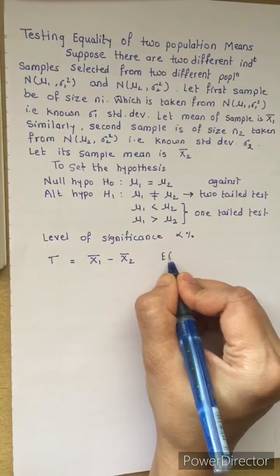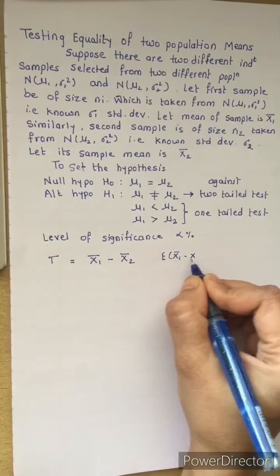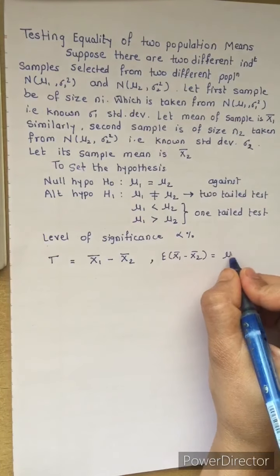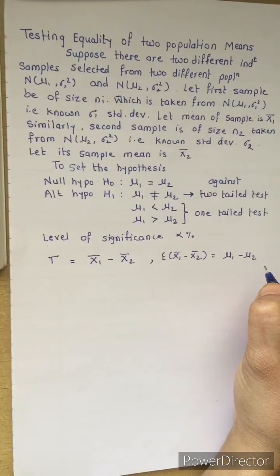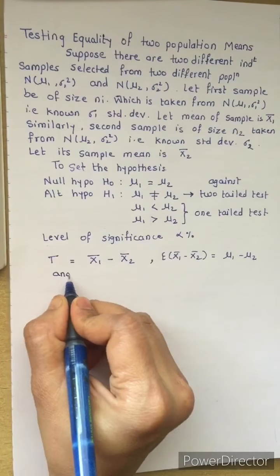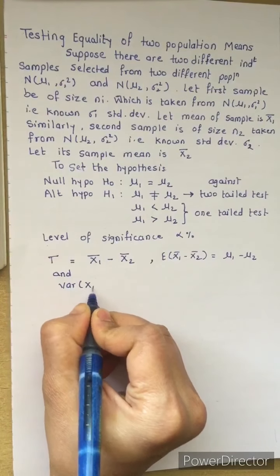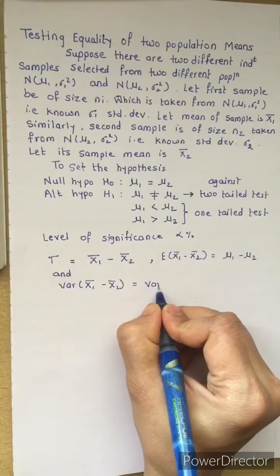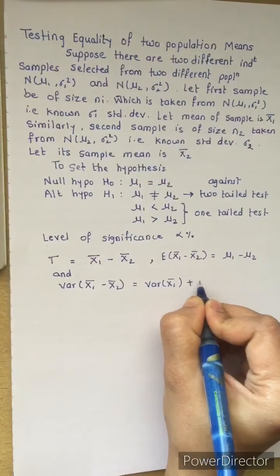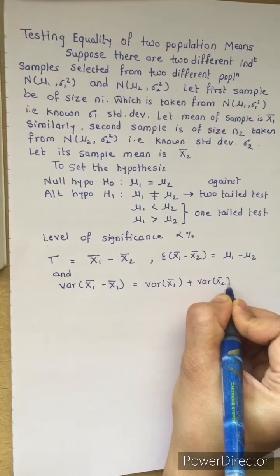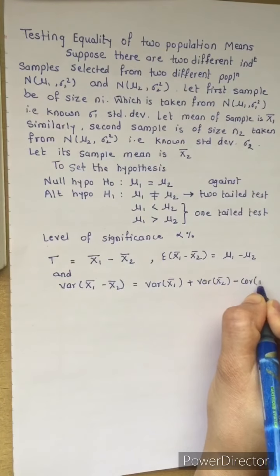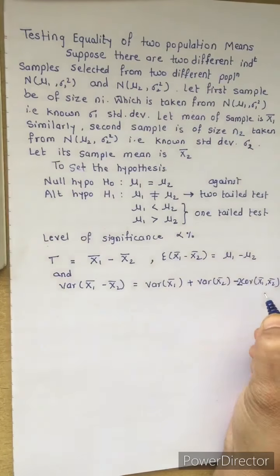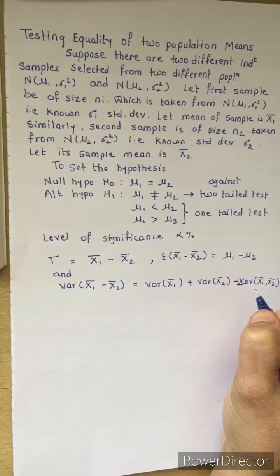We need the mean of the test statistic: expectation of x1 bar minus x2 bar is mu1 minus mu2, and the variance of x1 bar minus x2 bar is given by variance of x1 bar plus variance of x2 bar minus 2 times covariance of x1 bar, x2 bar.